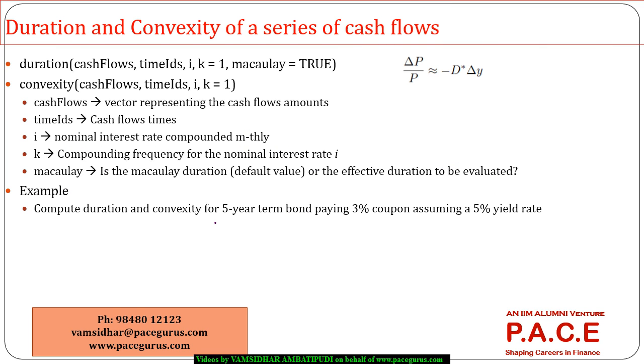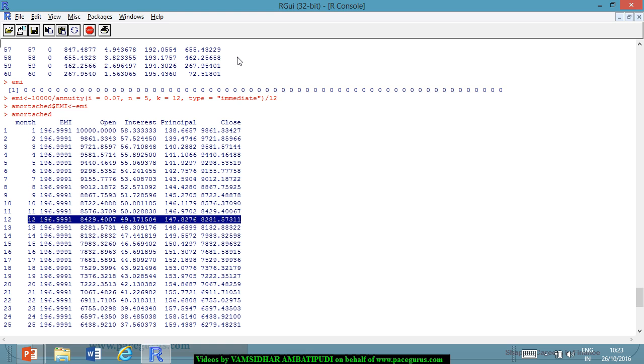Then, one more important application regarding the same, we are talking about the duration and convexity of a bond, generally taken as the measures of risk associated with a particular bond. Duration and convexity are more and more important features while defining the risk that is associated with a bond.